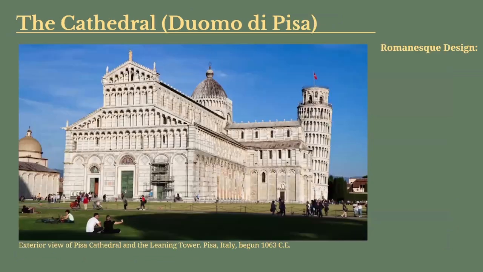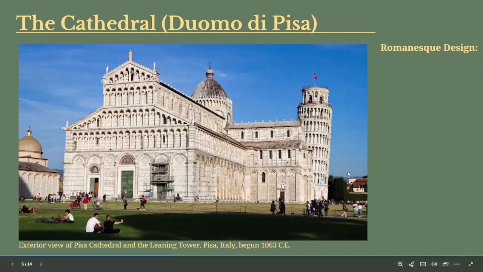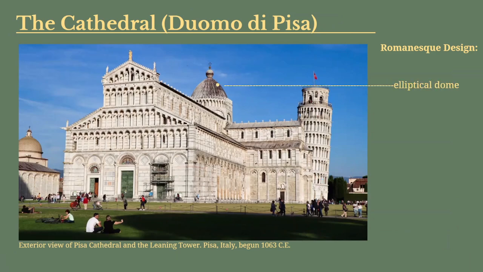And now, stepping into this wonderful piece of Pisa, we have the cathedral itself, which is massive for its time. You can get a sense of its scale by looking at the tourists walking around. Exterior features include an elliptical dome, a striped marble facade, and intricate bronze doors.